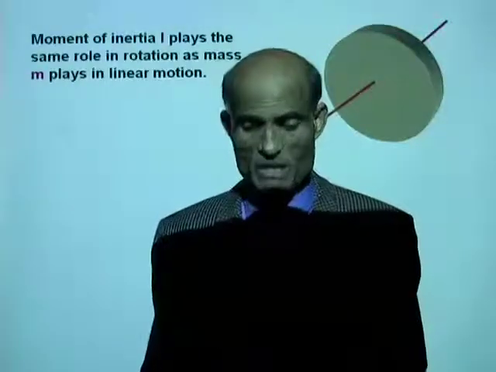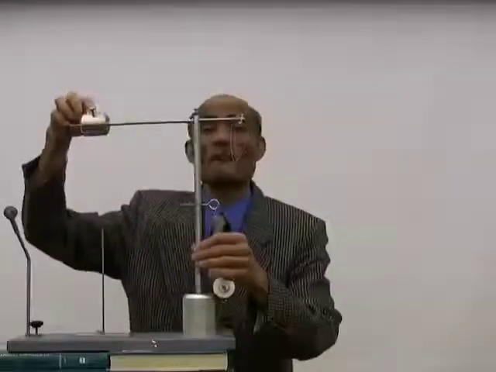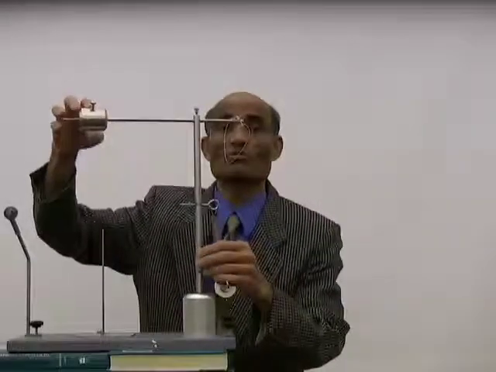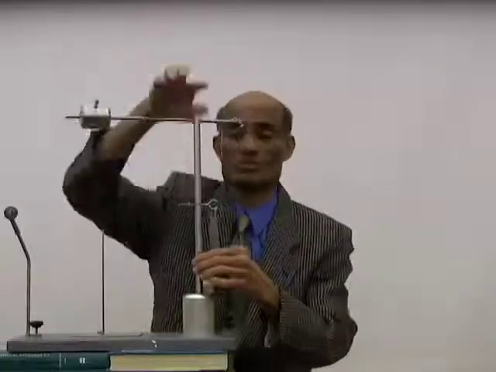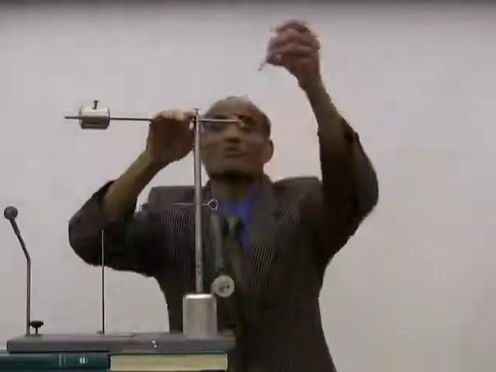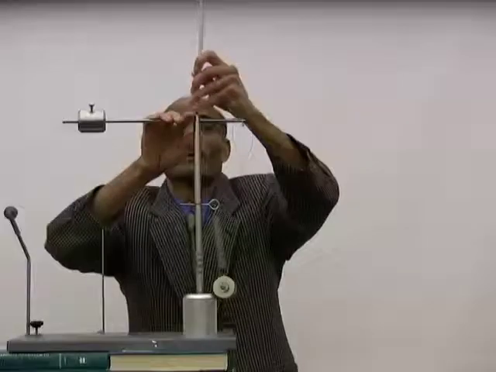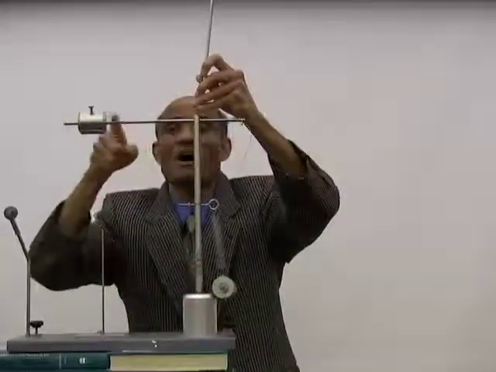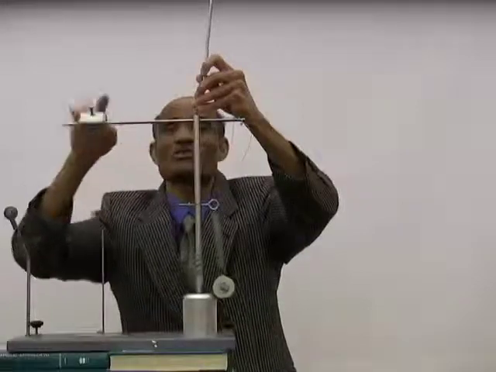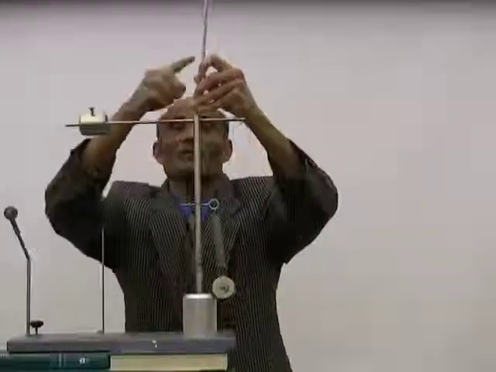Now let me see if I can spend some time. Here I have an object of mass m, and I'm going to rotate it about this axis. You see, that is the axis of rotation. That means this is r, the perpendicular distance between the mass and the axis.